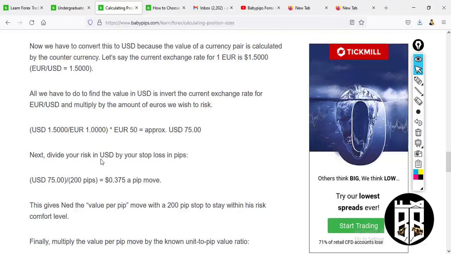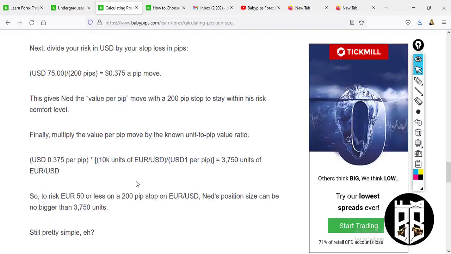So next we'll divide your risk in USD by your stop loss in pips. Now 75 US dollars divided by 200 pips of stop loss equals 0.375 per pip, right? Now this gives the value per pip for the 200 pips to stay within his comfort zone. So every pip that moves in his favor or against him is worth 0.375 US dollars.